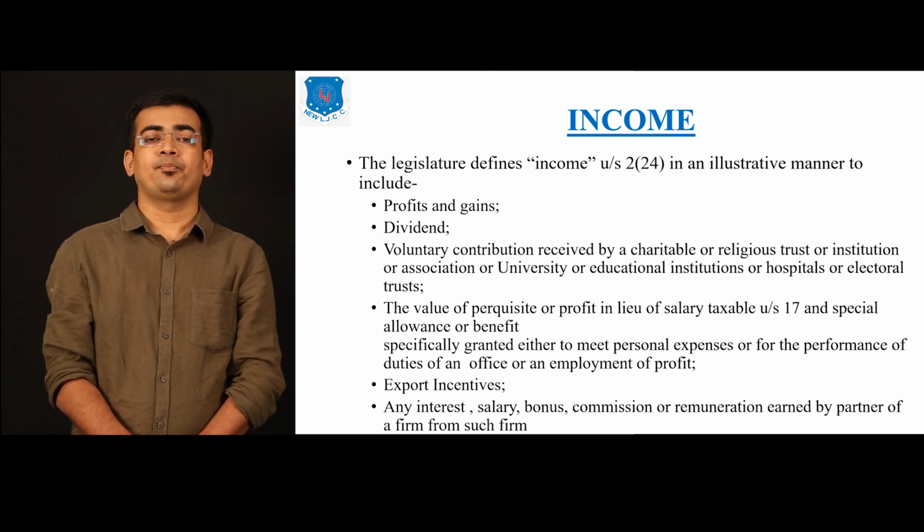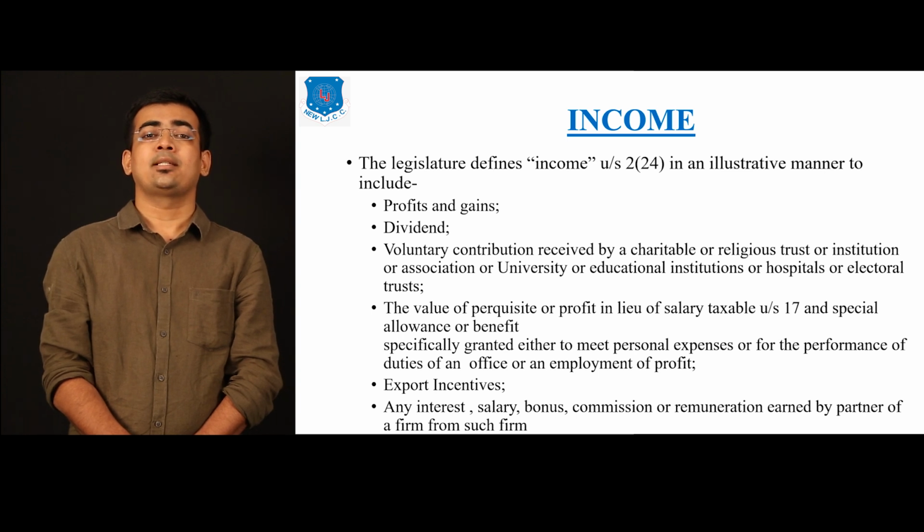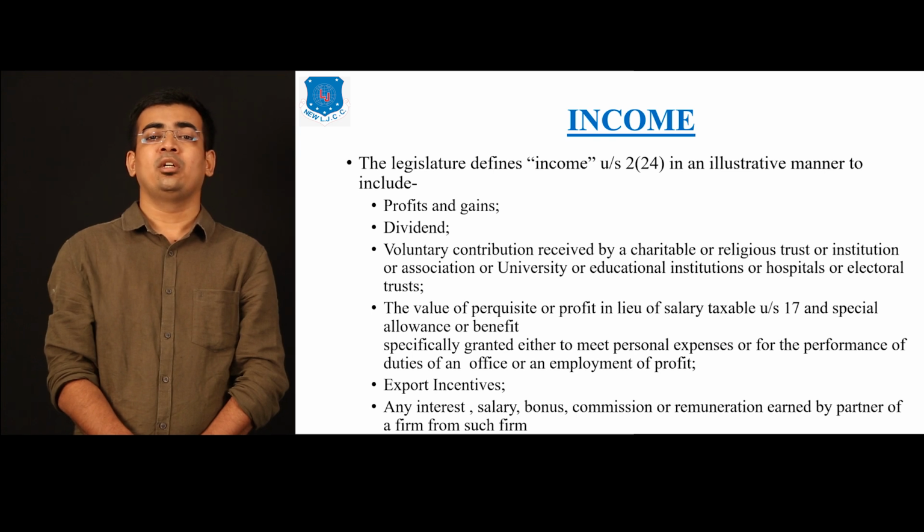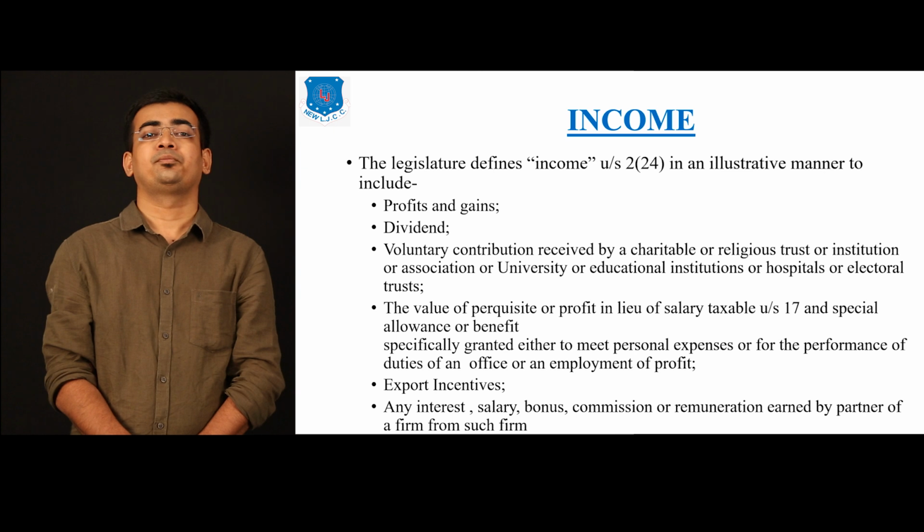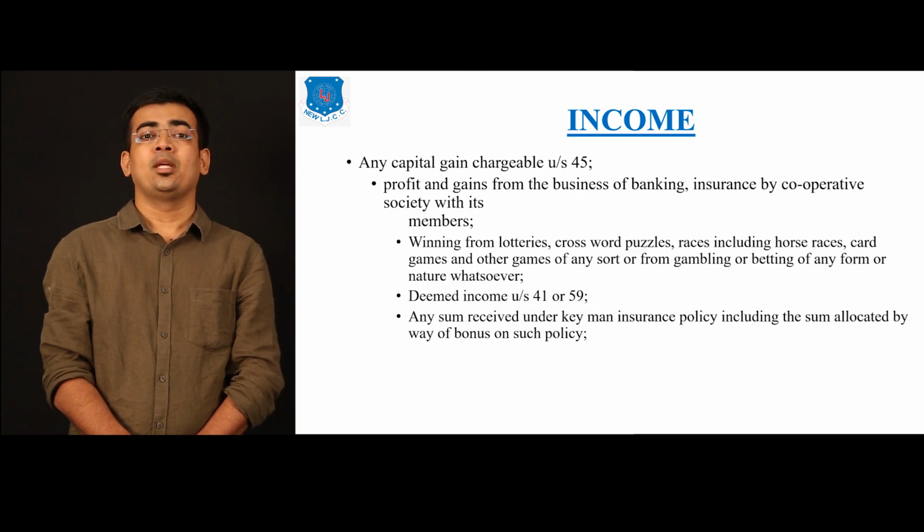Export incentives; any interest, salary, bonus, commission, or remuneration earned by a partner of a firm from such firm. Any capital gain chargeable under Section 45. Profit and gain from the business of banking, insurance by a cooperative society with its members.